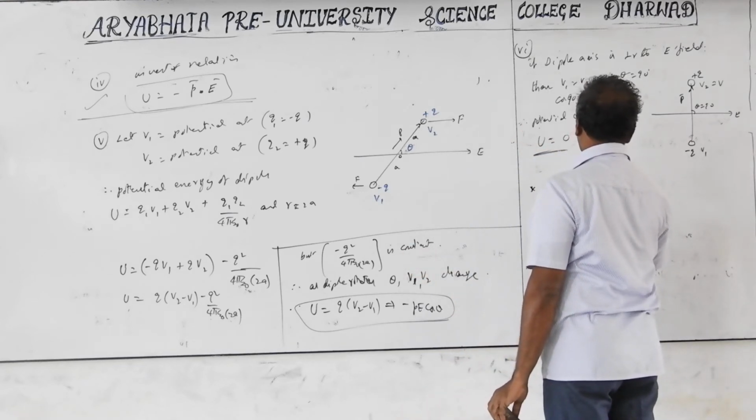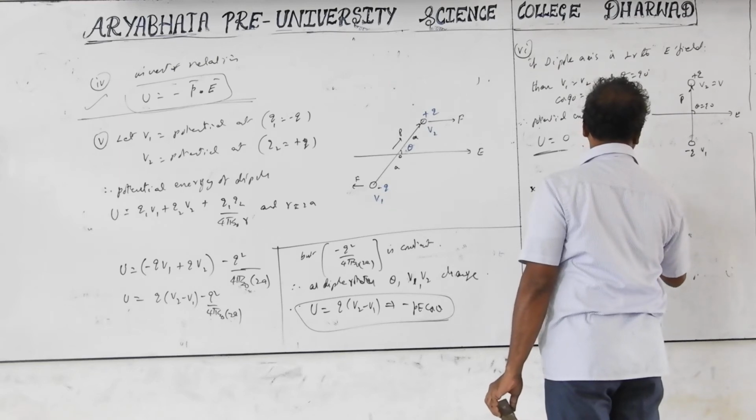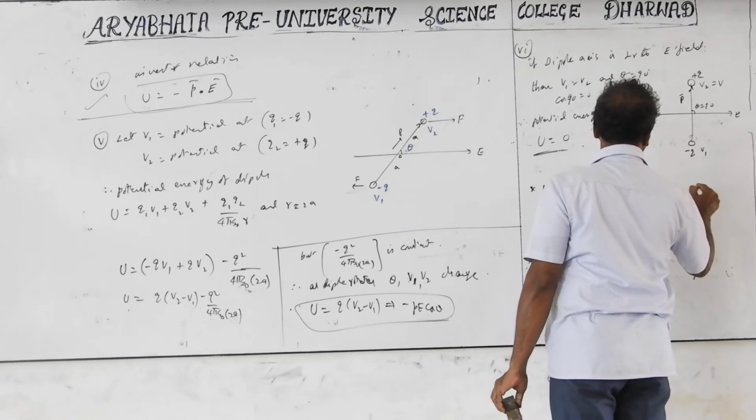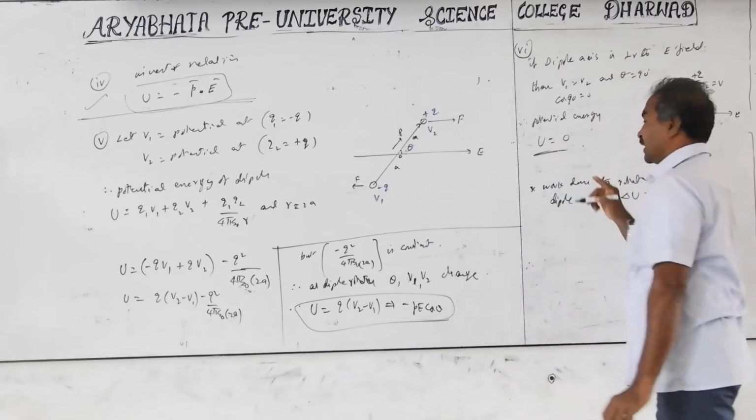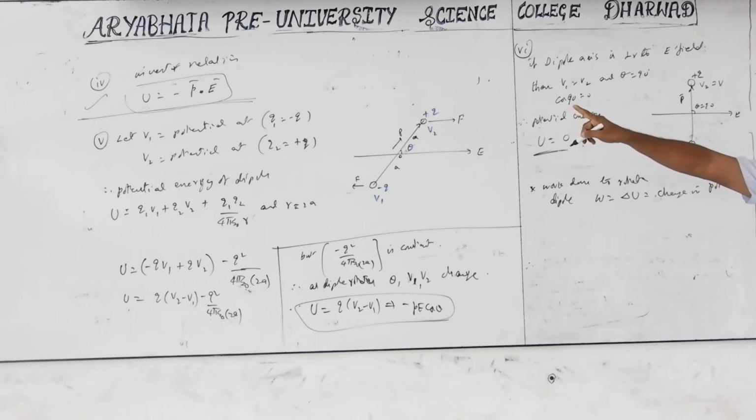So what is needed to rotate the dipole? W equal to delta U, which is equal to the change in potential energy. Don't write pE for potential energy, because pE is a term we are using for the dipole moment times electric field. So don't use the term PE for potential energy; in KE we use potential, don't use PE.